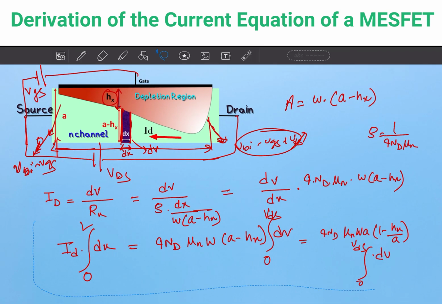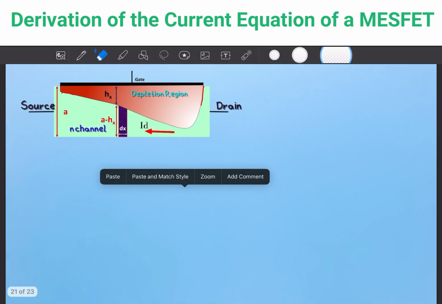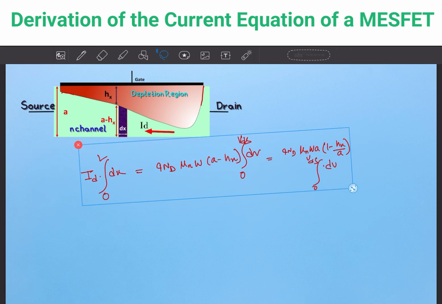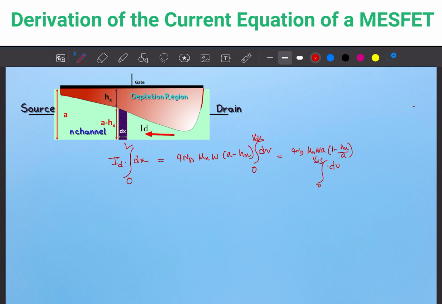So let's copy this area. If we rewrite this equation, we can write ID multiplied by the integration of dx, x from 0 to L, is equal to q Nd μn W a times the integration from 0 to VDS of (1 − h(x)/a) dV, right?